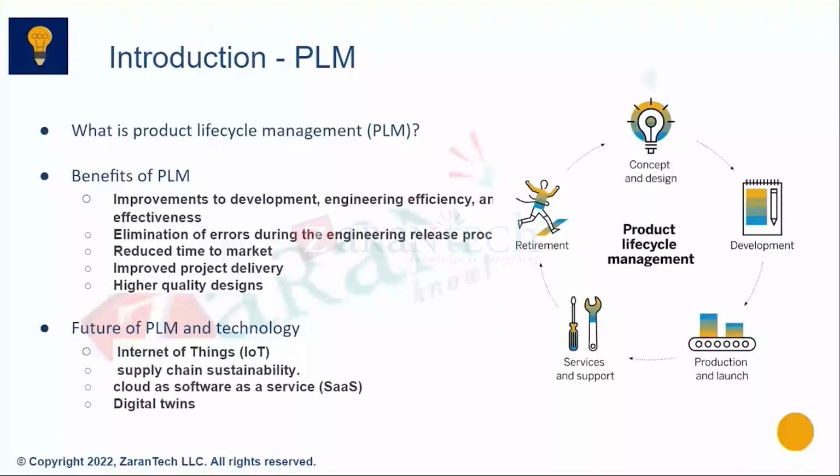Once it is manufactured it is sold to customers, and based on customer requests, or any issues customers face with respect to the product, that comes under service. So you can say from idea to service.